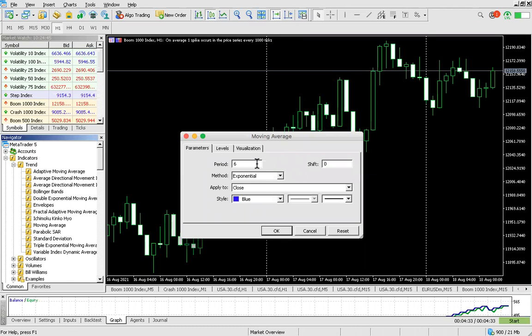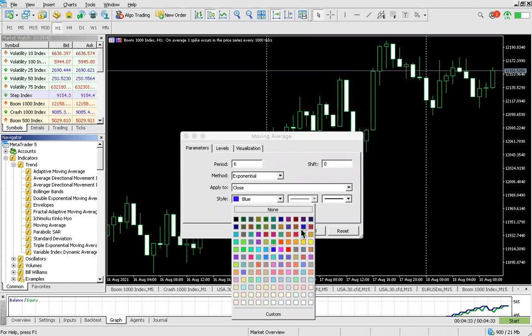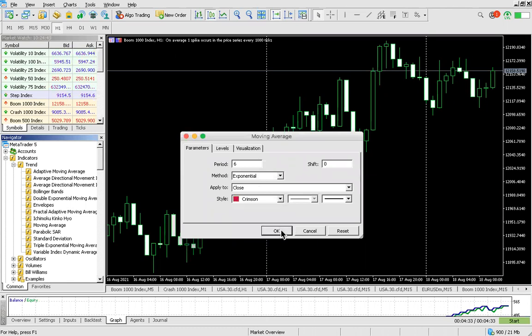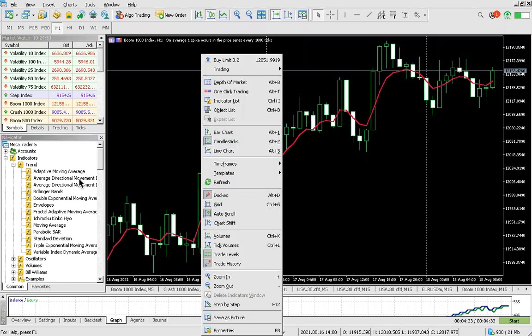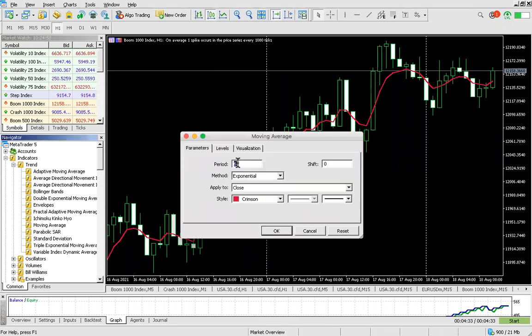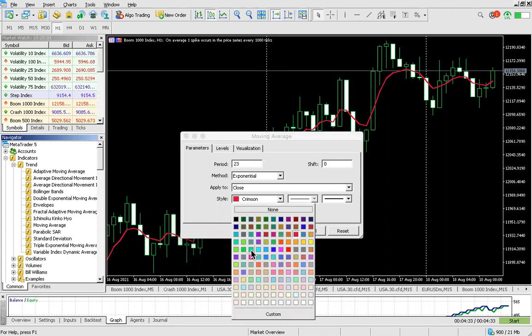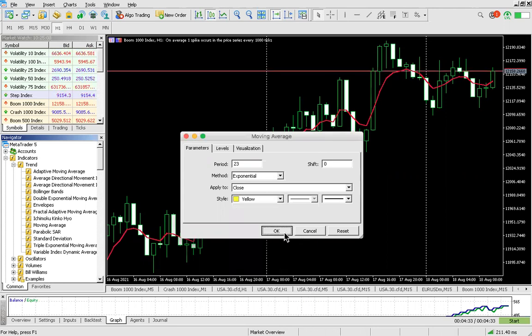Okay, so let's go to the chart, and on indicators, you go to moving average. You put moving average 6, make it red or crimson. Then let's go to moving average again, moving average 23. I'll explain in a moment why I'm using these moving averages, okay? Moving average 23, I'll make that yellow.